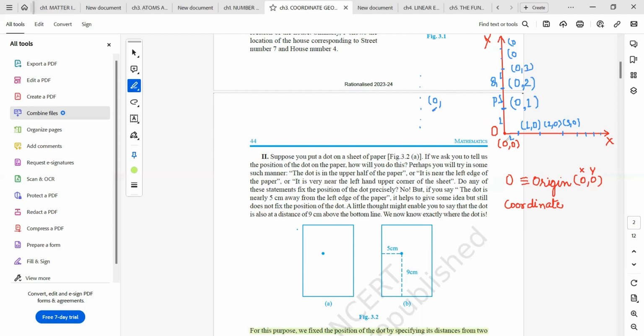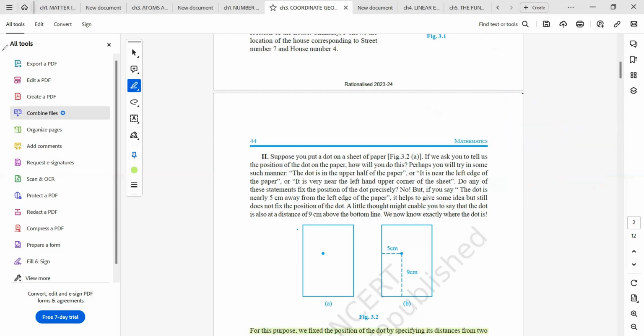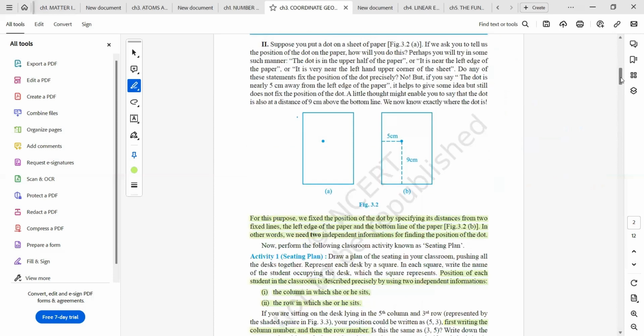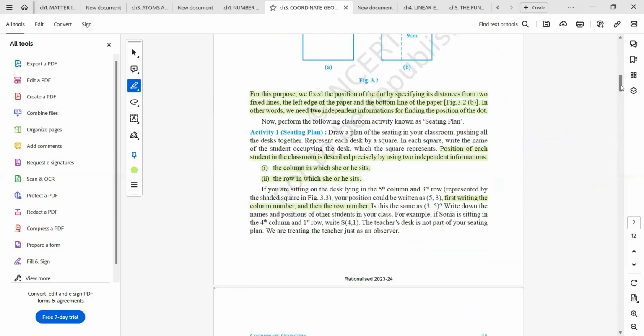And all the points lying on the horizontal axis, that is the x-axis, the y coordinate is always 0. Clear? So that is all about it: we have the origin, one vertical axis, that is the y-axis, and one horizontal axis. And if we define these two, we can define the coordinates of any point.